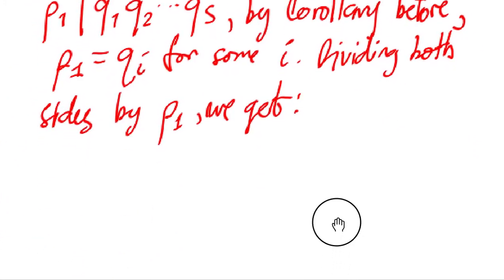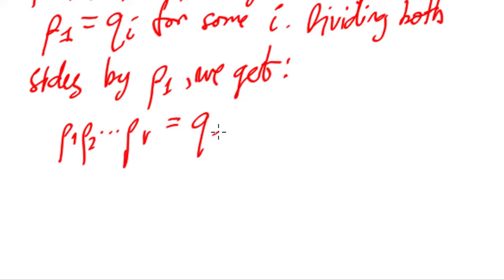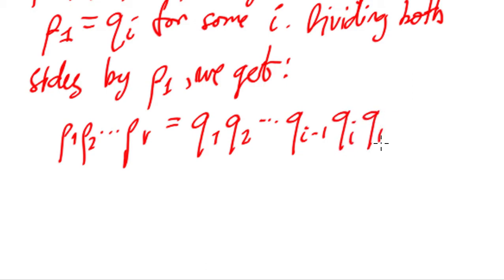Imagine what we're going to have: p sub 1, p sub 2, up until p sub r is equal to q sub 1 times q sub 2, up until it reaches a number where it will show q sub i minus 1 times q sub i times q sub i plus 1, up until q sub s.